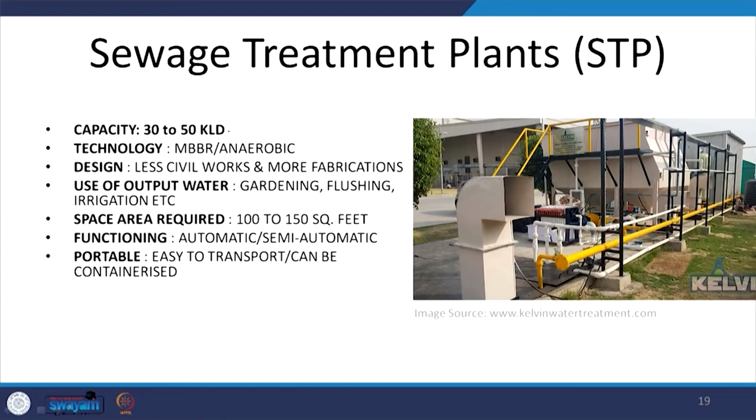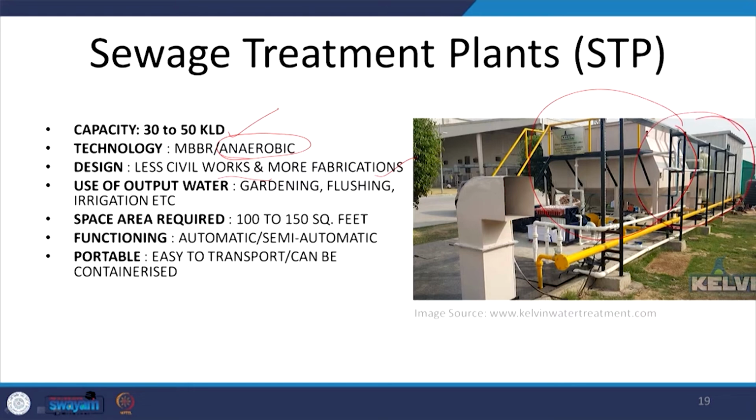When we increase it further to around 50 KLD, the anaerobic type of treatment is advisable for STPs. Here again it requires less civil work and more fabrication, because all these technologies have become quite prototyped now. So, there are companies which manufacture these smaller parts, smaller components.